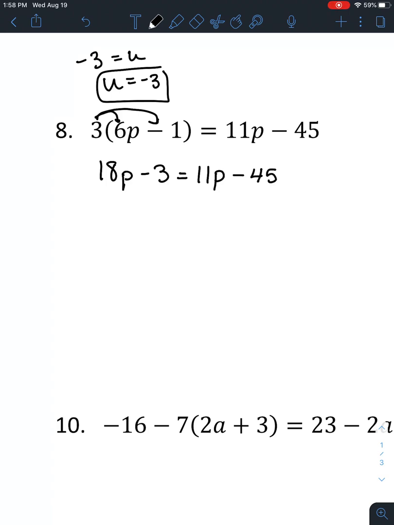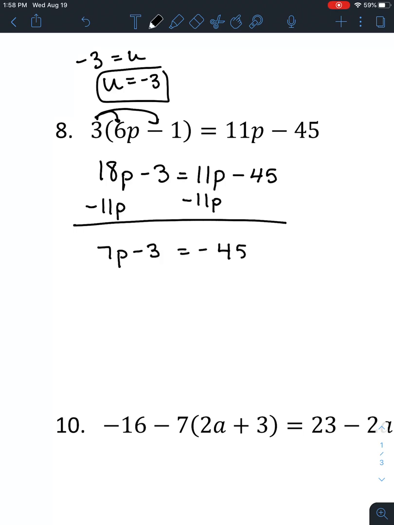No like terms on either side of the equal sign, so we're going to go ahead and move our smaller letter. So we're going to minus 11p to both sides. That will give me 7p minus 3 equals -45. Add 3 to both sides.